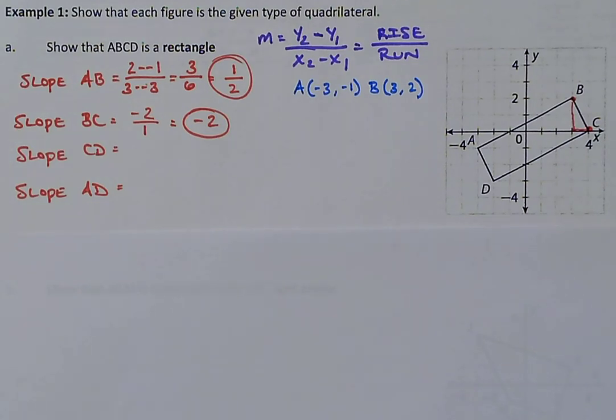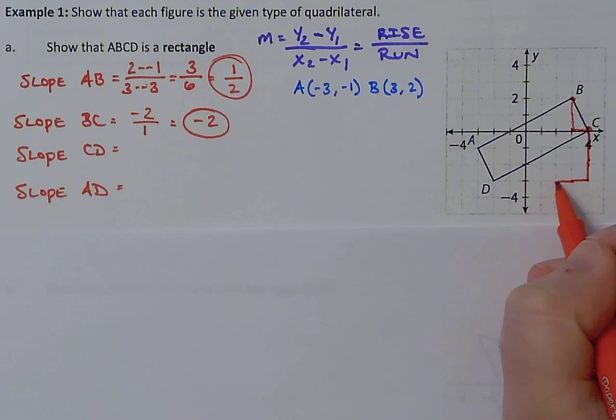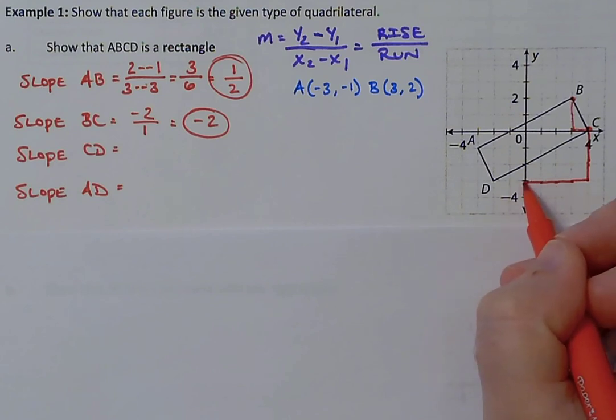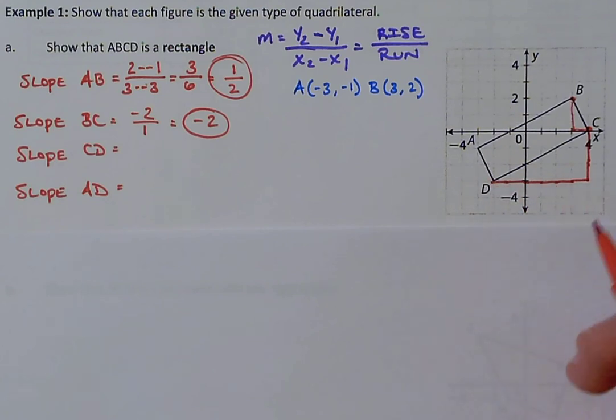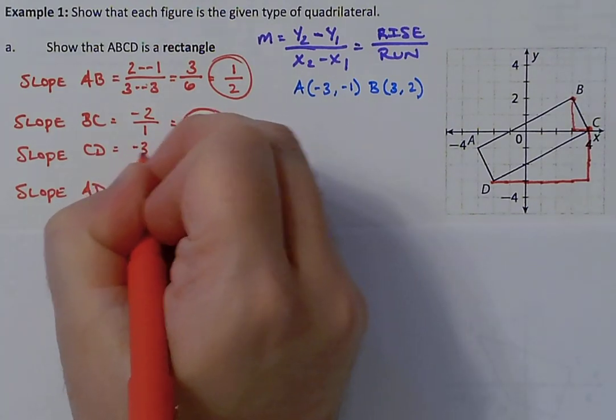Now for CD, we're going to figure out from C to D how much that is. So we go down, let's see, 1, 2, 3. So we went down 3, and then we're going to go to the left 1, 2, 3, 4, 5, and then 6. So we went down 3 and to the left 6. Because we're going down, that's -3.